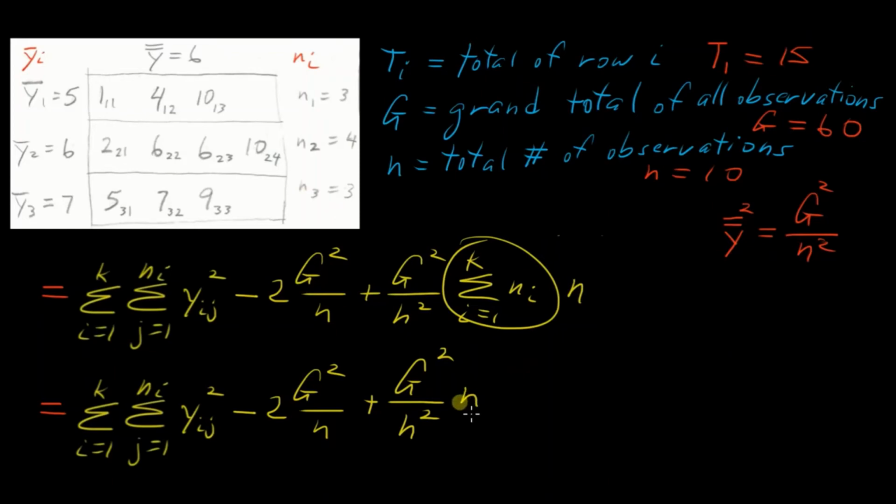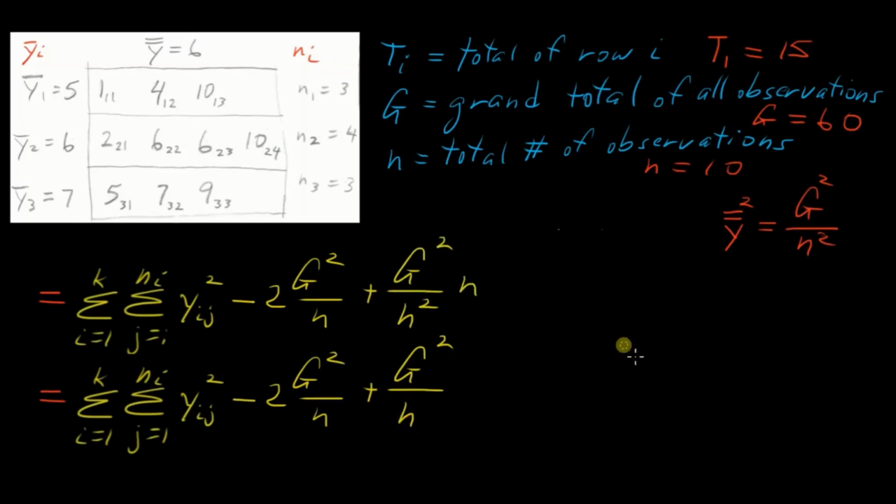But now this N is going to cancel out one of these N's, and this is now just going to be G squared over N. That's what this whole thing is going to be on the next line. So here's what that looks like, and now you'll notice that these, I can't get my pencil to work here. Let me just say, okay, these are like terms. This is just one of them minus two of them.